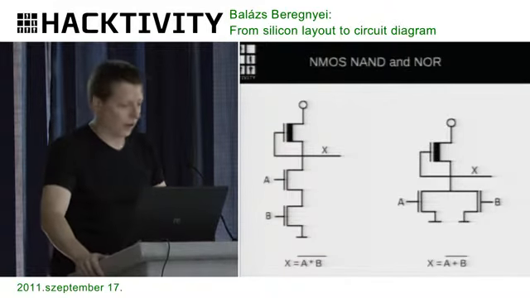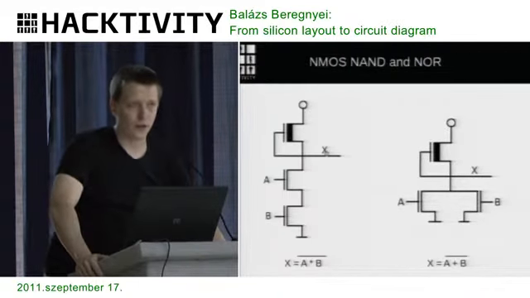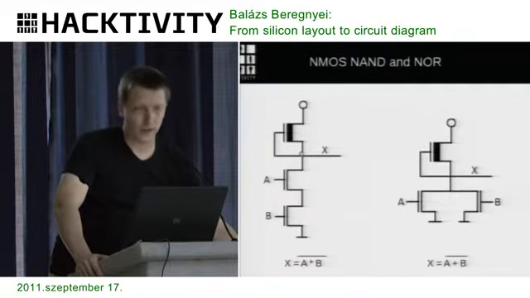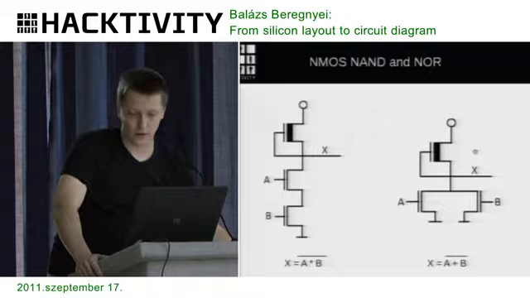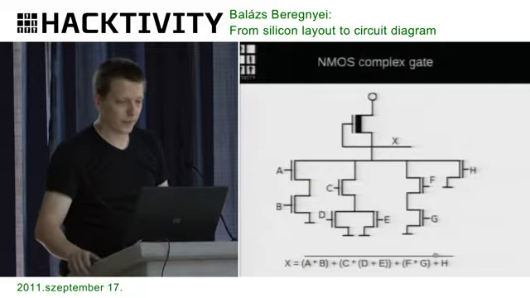It's very easy to tell from an NMOS gate what logical function belongs to it. What we have to see is, for the X output, what is the case to bring it to 0? If you have a gate on the left-hand side, we have to have A and B open in order to bring X to 0. So it's negated A and B, and in the right-hand case you can bring X to ground if A or B, and negate it, because all gates are negated.